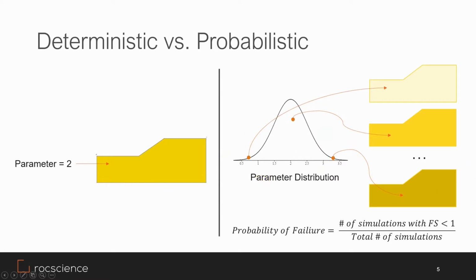Then that distribution is sampled, and samples are assigned to a set of 1,000 simulations, for example. So this first simulation would take cohesion of about 0.7 and compute the factor of safety. The second would take cohesion of 2 and compute factor of safety, and so on. Then the probability of failure is calculated as the number of simulations with a factor of safety less than 1 divided by the total number of simulations.